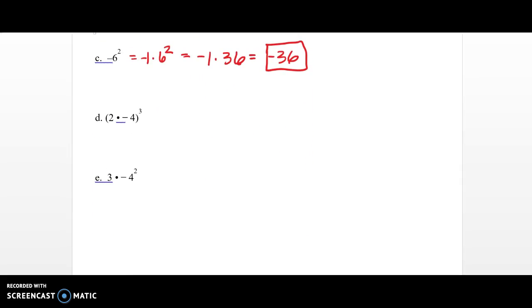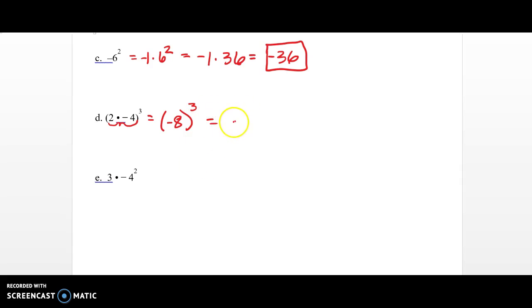All right, a couple more here. I am going to use my order of operations, and I'm going to do the math inside the parentheses first. I'm going to take 2 times -4, and that gives me -8, and it's still inside parentheses, raised to the 3rd power.